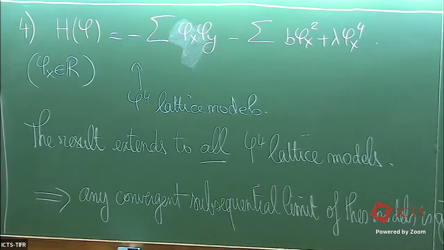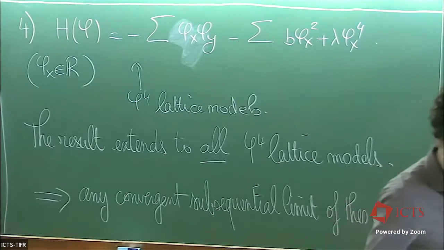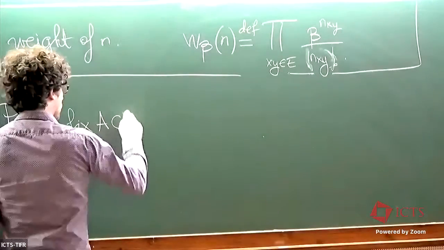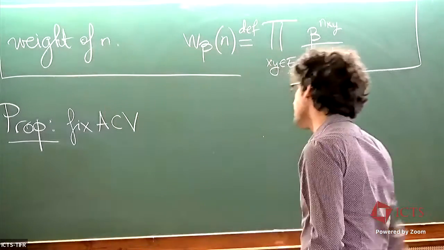Okay, so let me mention a few properties of these currents. The first one is a simple exercise. Proposition: fix a subset A of the vertices.